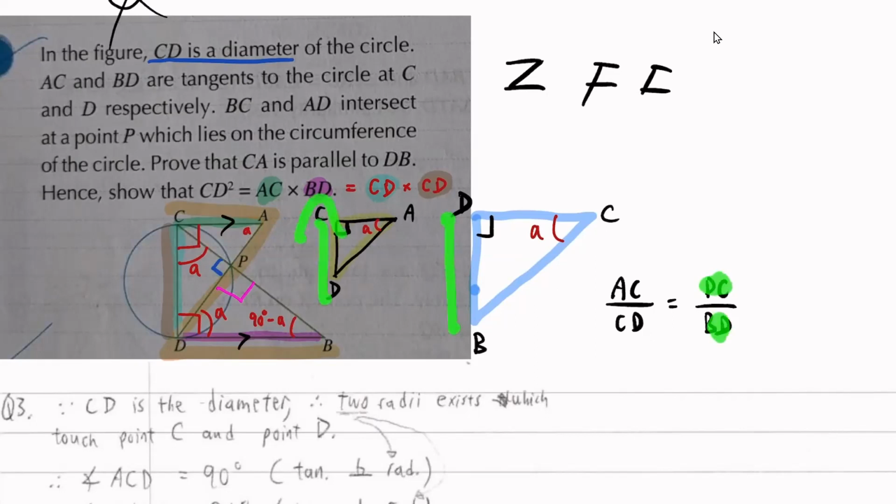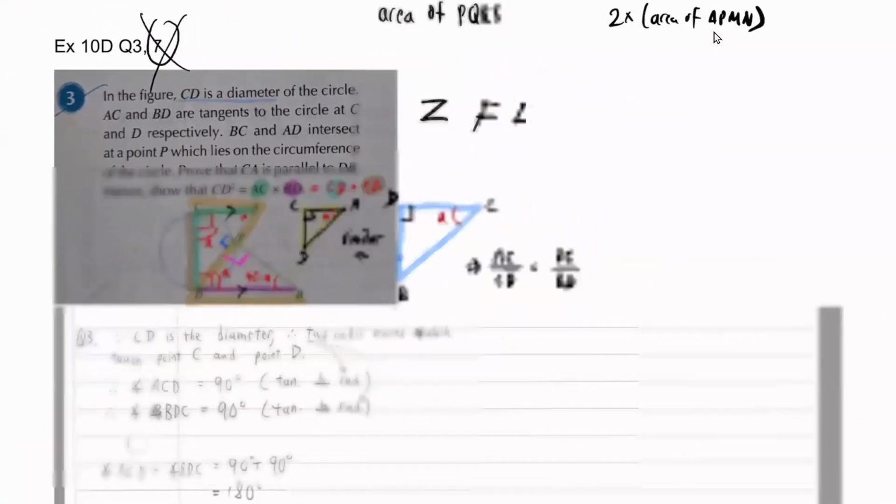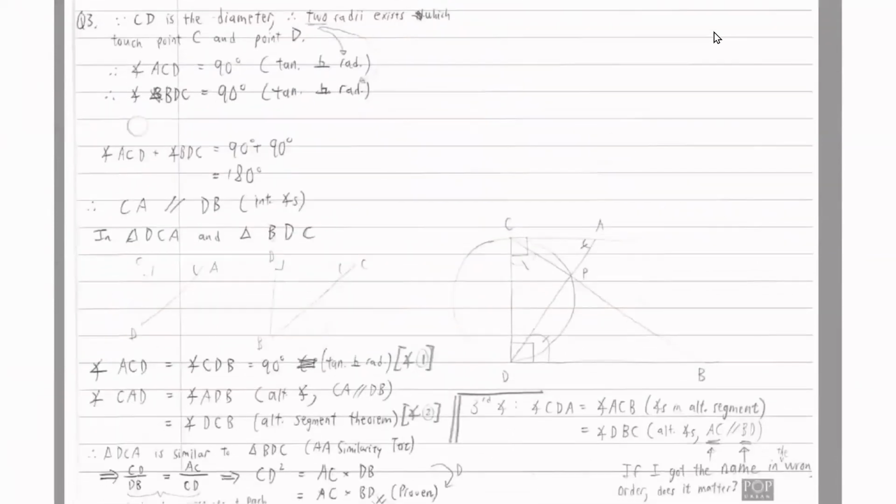Or DC, BD, same direction. This triangle is similar to that triangle. Conclusion is fraction equals fraction. And then from there, you can cross multiply to get the required statement. Okay? And yeah, you can go and read the detailed solutions here.